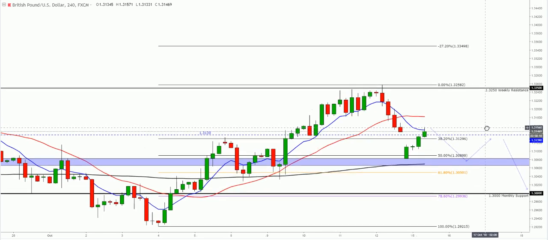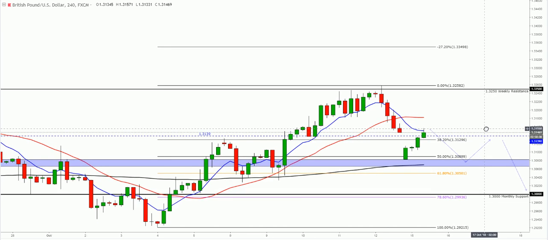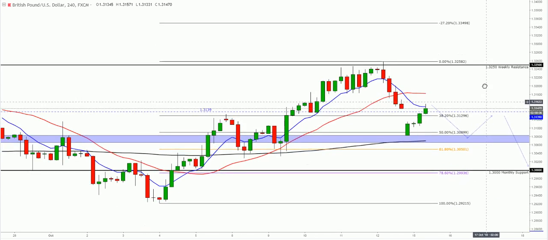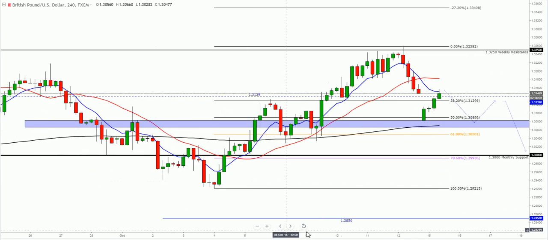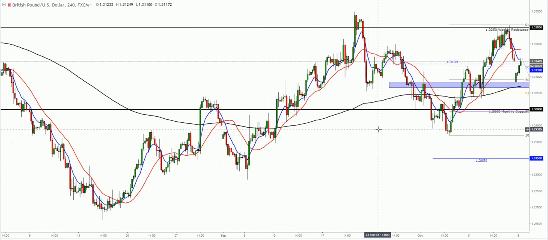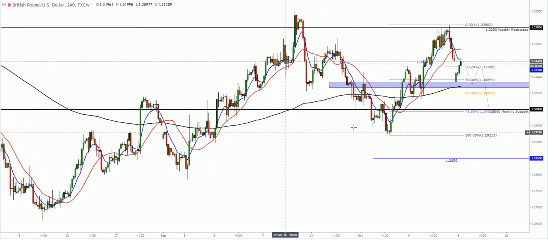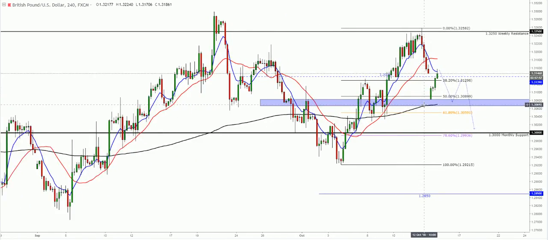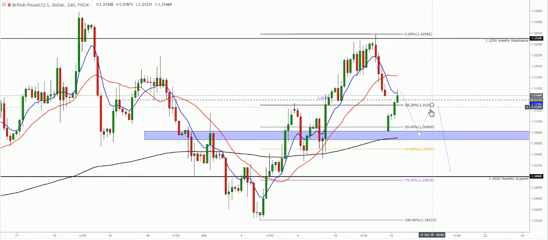The targets aren't really lining up with anything that I can see currently. So for me, it's just downside here. Initially back to this 1.3080 region before 1.300 major support.